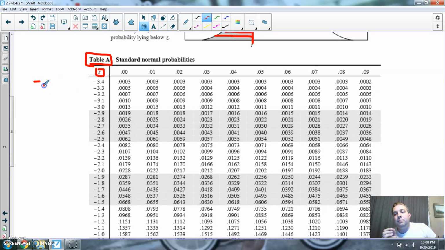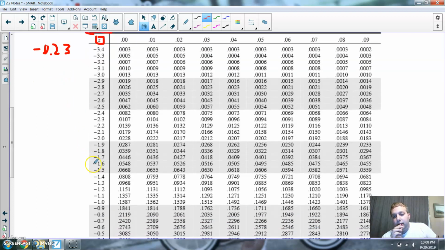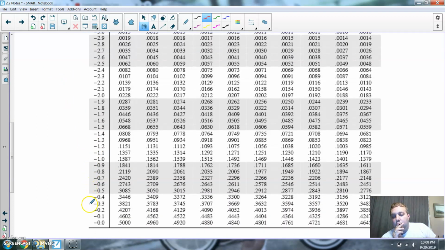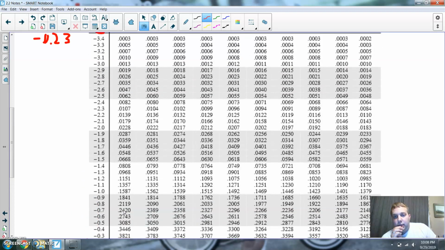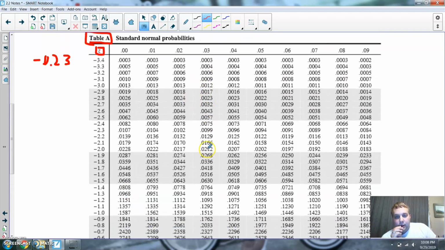So actually, I want a negative 0.23. Would you guys agree? There's like a 0 in front of that. So I'm going to go all the way down to negative 0.2, and then that would be 3, right here, this column.